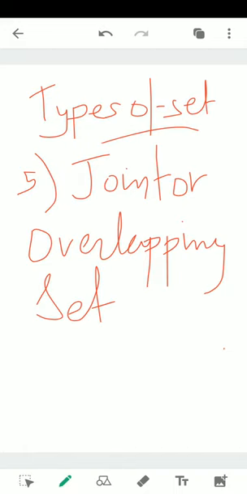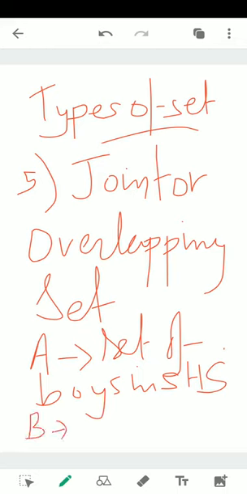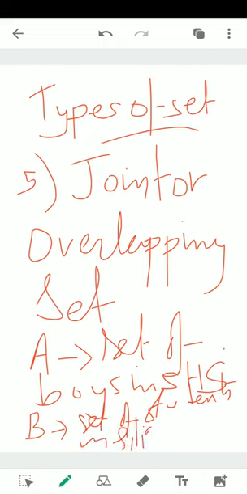So let me take one example. Set A is the set of boys in SHS, and B is the set of students in Siliguri.